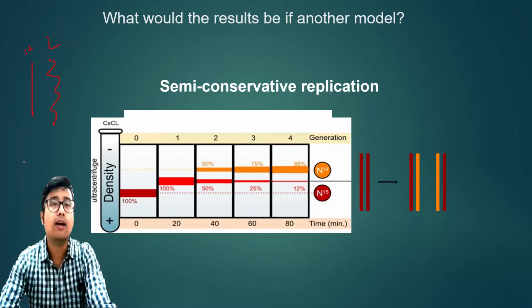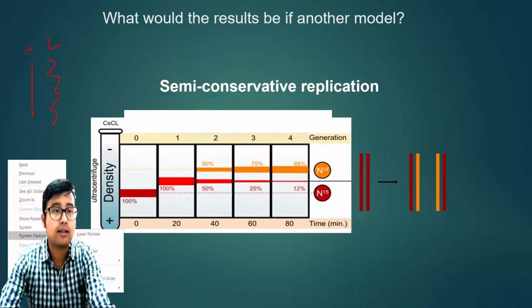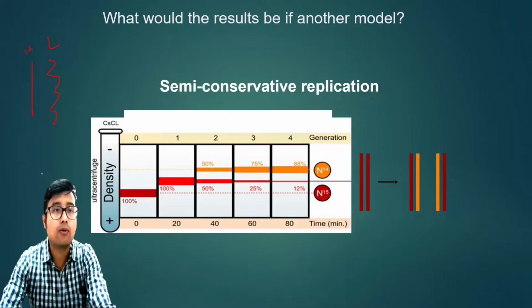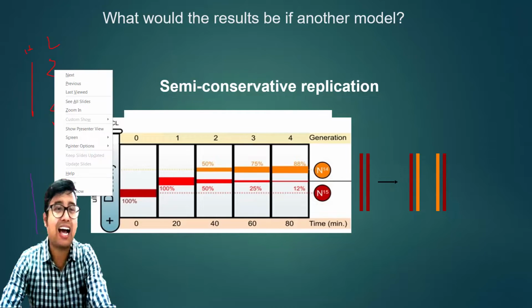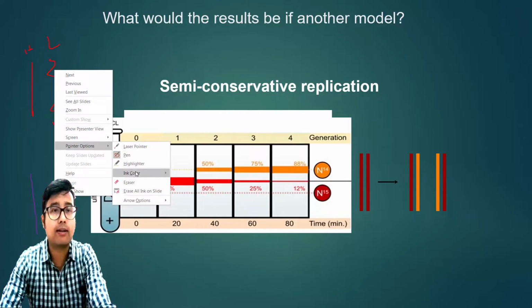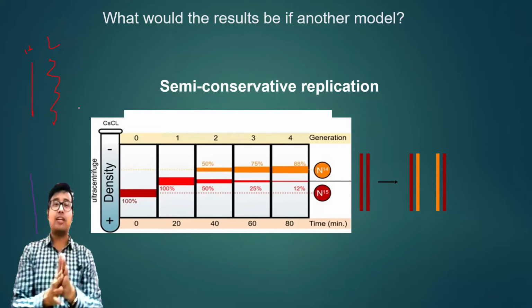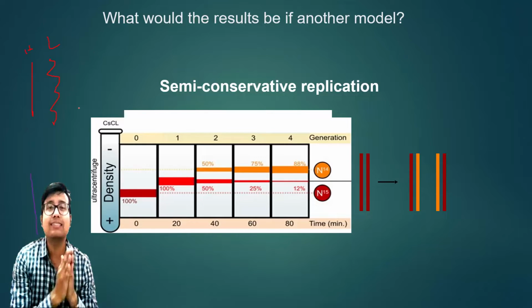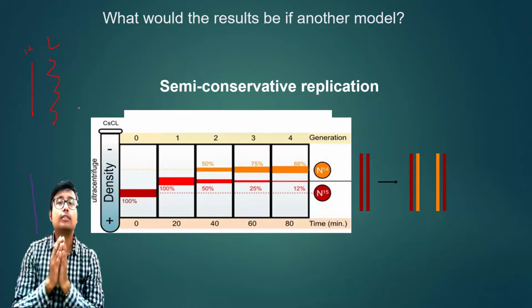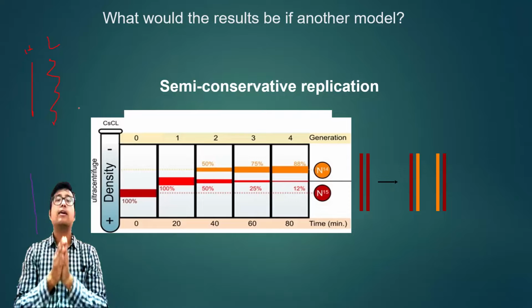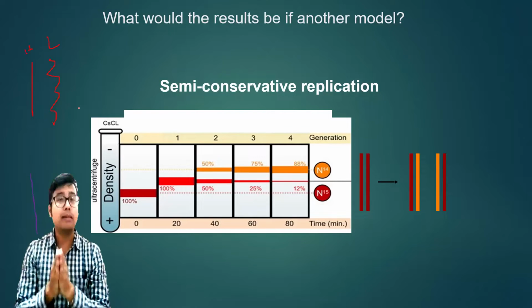I can change the color. So, blue. Just visualize that the heavy chain, the parent strand, is red and the daughter strand is blue. Fine. So what will happen in case of semi-conservative replication?